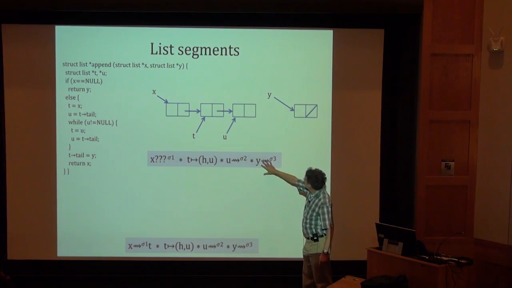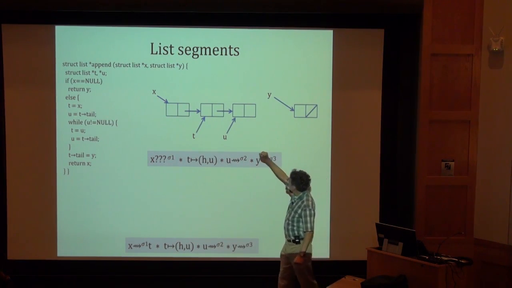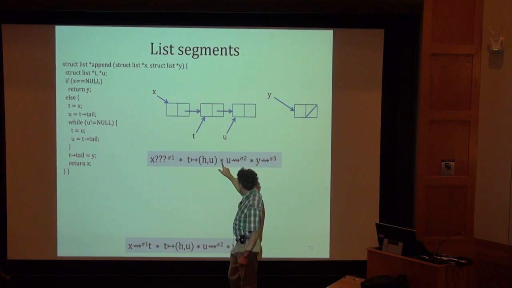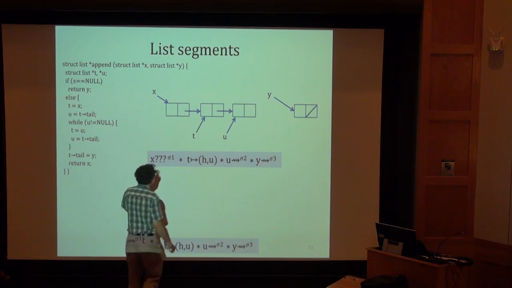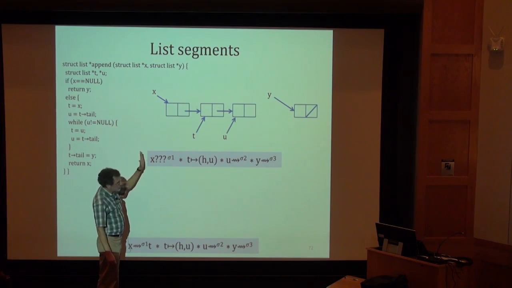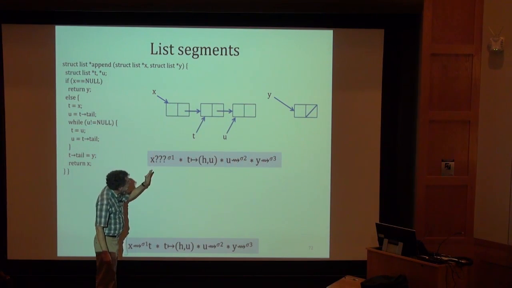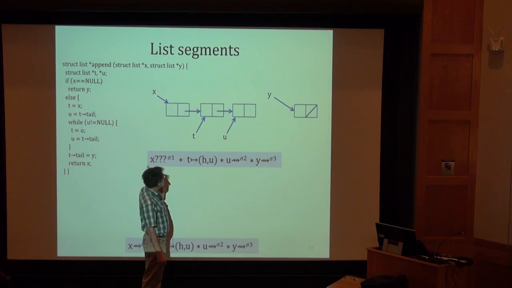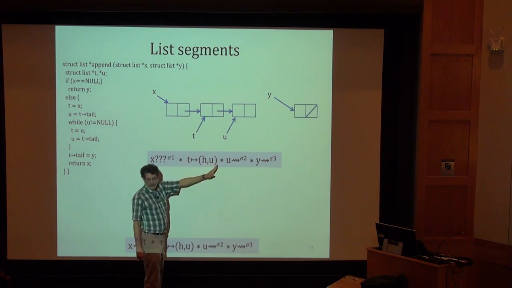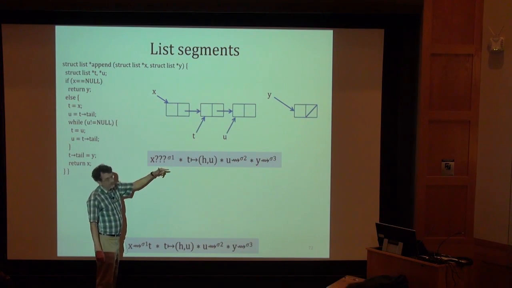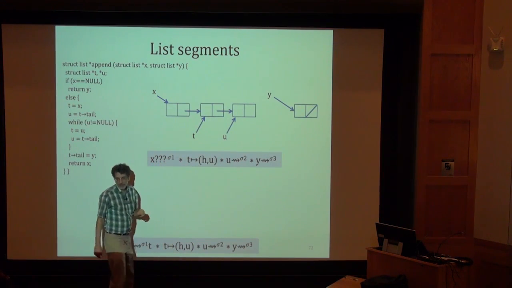So this separates from that, right? There's a separating conjunction, and that separates from this. And now the question is, how do we represent this component? There's a linked list that starts at x, continues for a few cells, and has a pointer coming out towards t. And whatever that is, there's a star here. It has to separate. It cannot overlap in memory from this. So we can't simply say x is a linked list, because a linked list goes all the way to the null pointer, and it would overlap with the linked list starting at t.